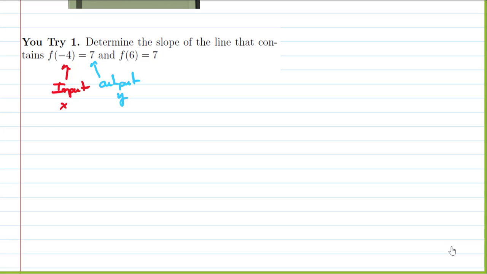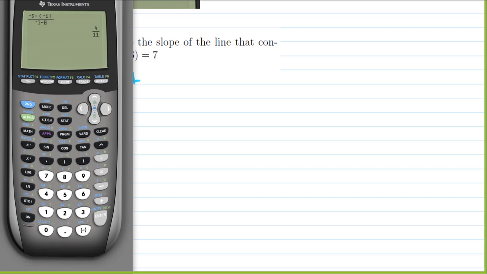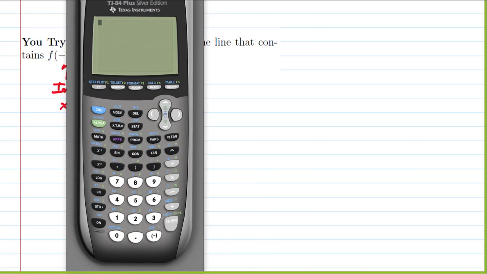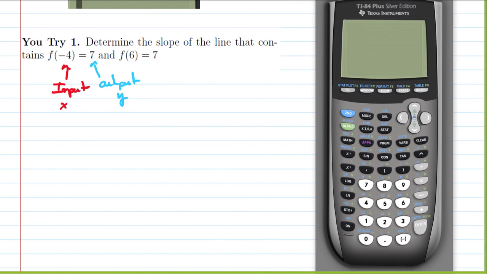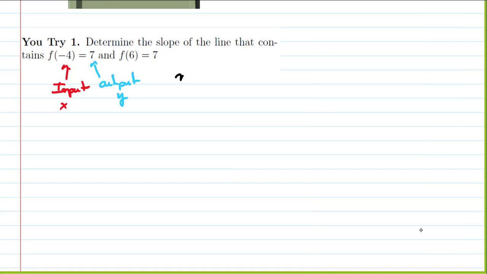So if we were to find our slope, we would get our fraction, and we're going to have 7 minus 7 all over 6 minus a -4, and that should give us 0. So our slope is m equals 0.